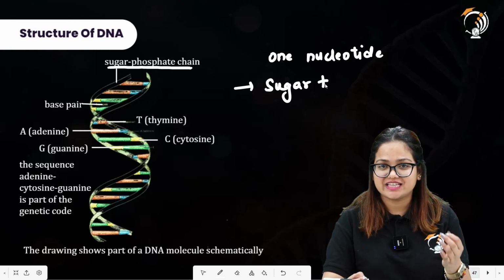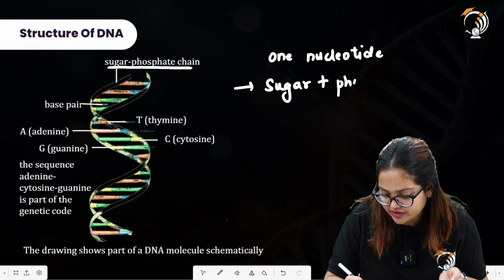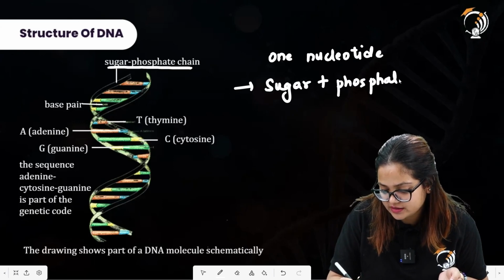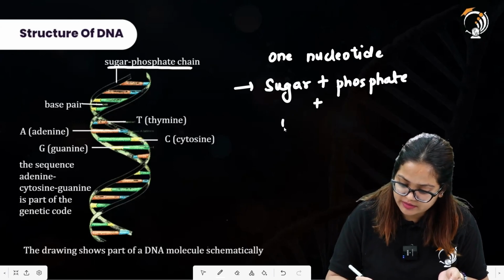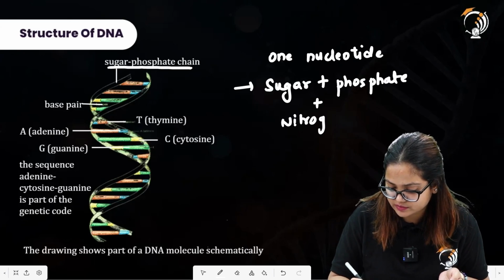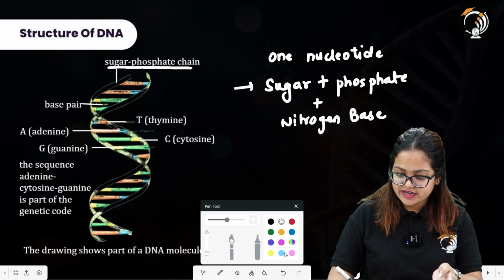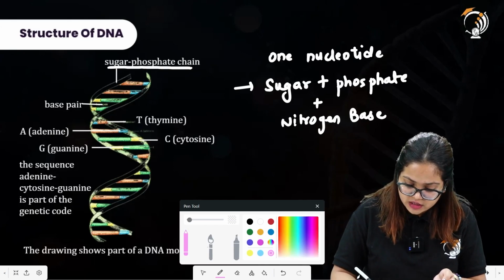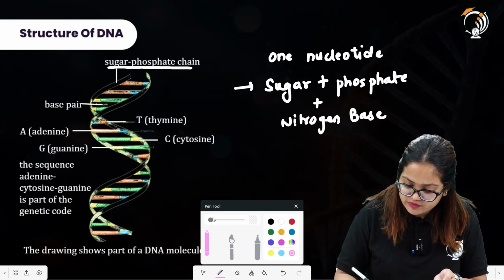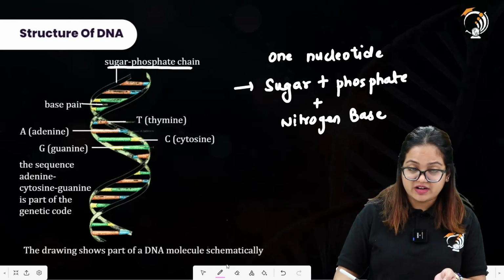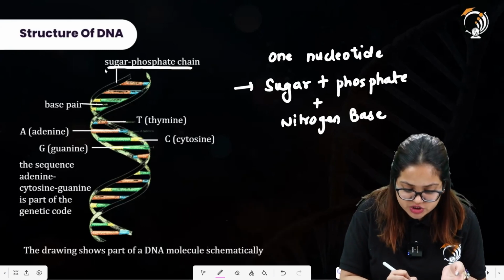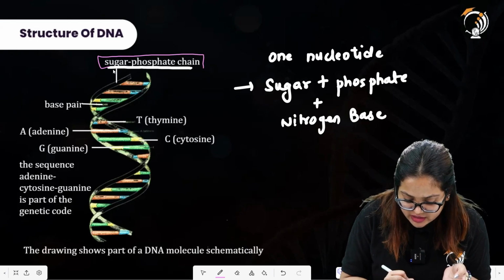It was the deoxyribose sugar. It has a phosphate group and it also had a nitrogenous base attached. So you will say that one DNA strand has sugar phosphate bonds, or you can also say that the one strand is actually a chain of sugar phosphate molecules.